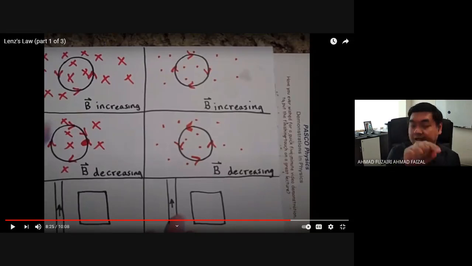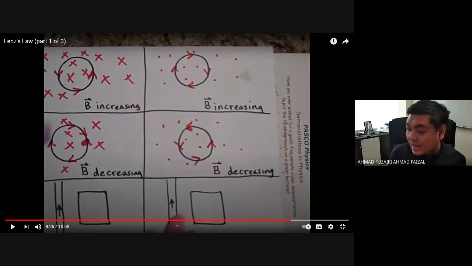X means magnetic field going into the page. So when it says magnetic field increases, what will Lenz law say? Lenz law is always opposing the change in magnetic flux. So they want to make the other way around. Instead of adding X's, we have to reduce them because it has already increased.